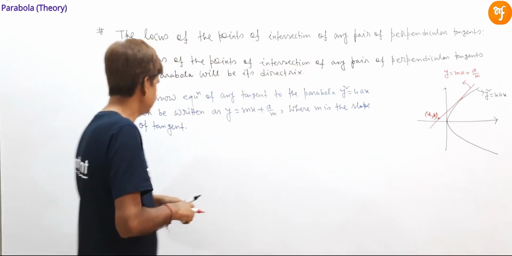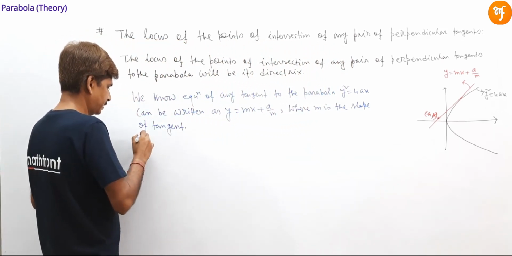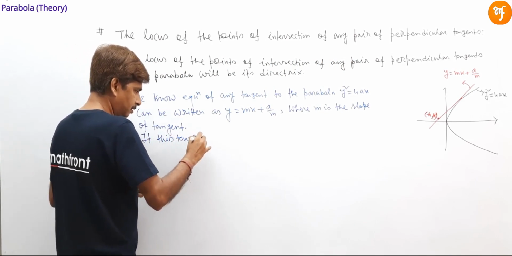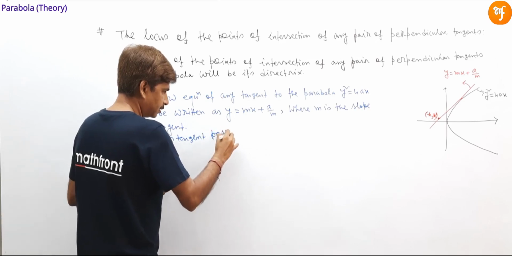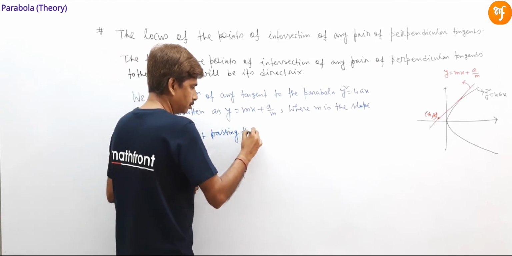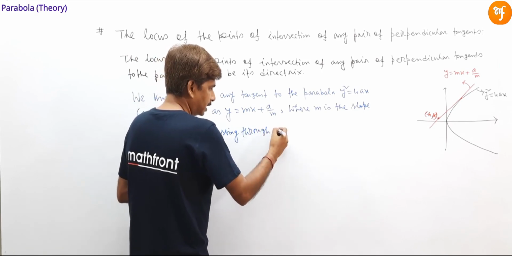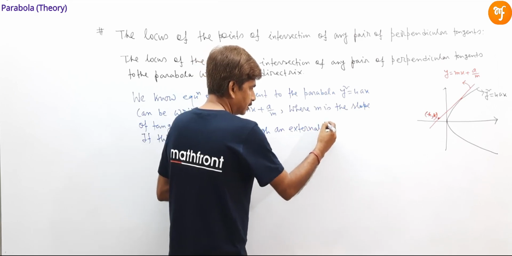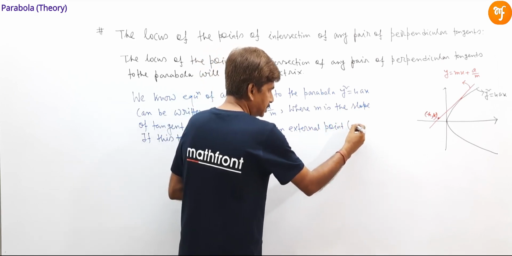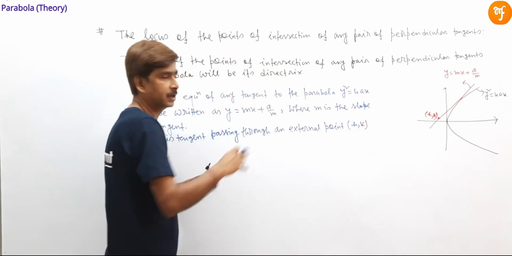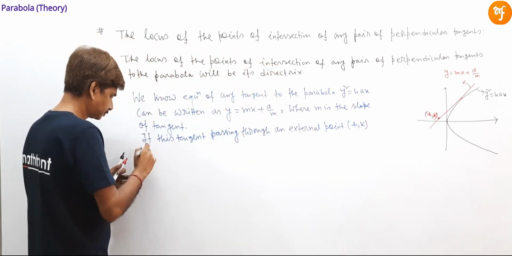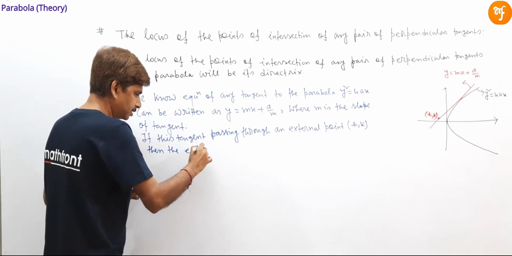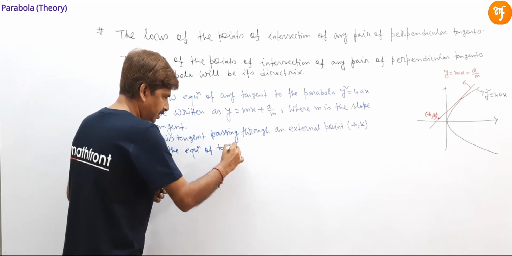Okay, so we are writing, if this tangent passing through an external point h comma k, then the equation of tangent, what is the equation of tangent?